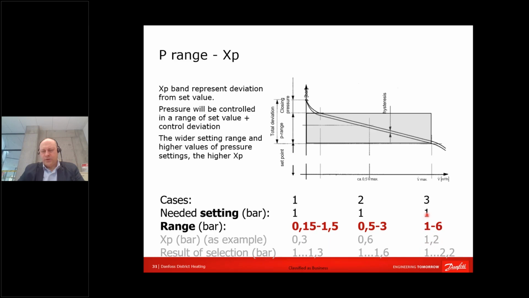So you set 1 bar at almost low flow, you will get 1.2 bar plus, so you will get 2.2 bars of pressure. So that's an error as well. So you should include a pressure controller which is available from the producers and as close as it could be.